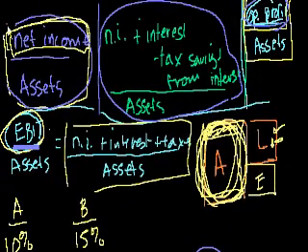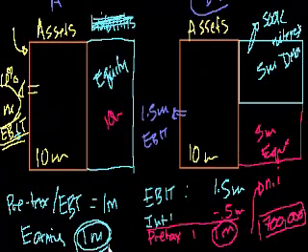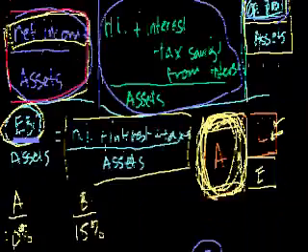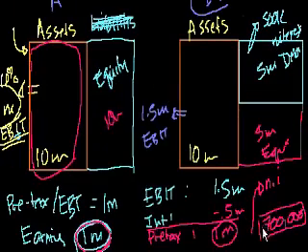Now, let's look at what we would get in terms of an ROA if we did it using this definition that some textbooks will give you. For the first guy, his net earnings are $1 million and his assets were $10 million. So by this definition up here, Company A has a 10% ROA. By that definition over here, this guy made $700,000 of net income off of $10 million.